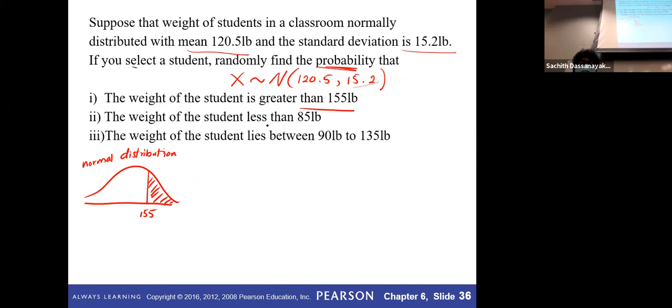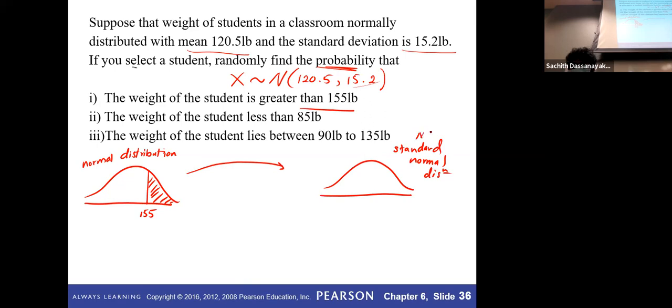If we need to find this area, we simply convert or transform this to a standard normal distribution like this. It has a mean 0, standard deviation 1.